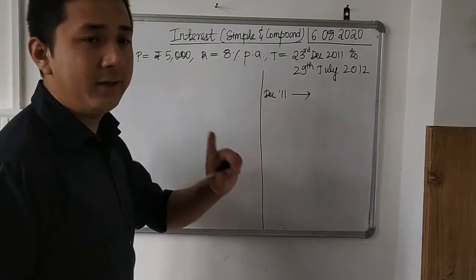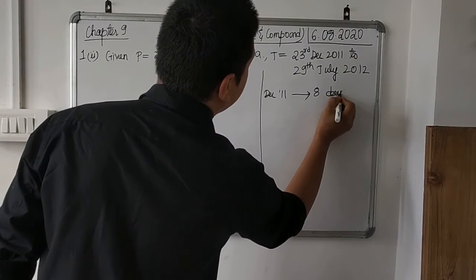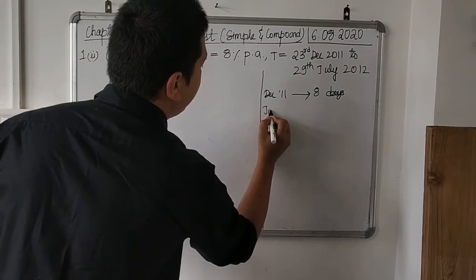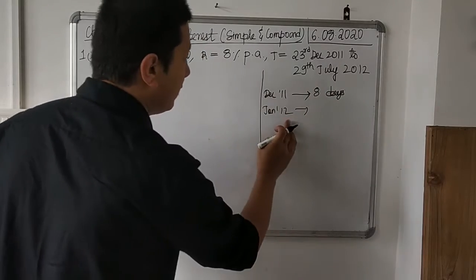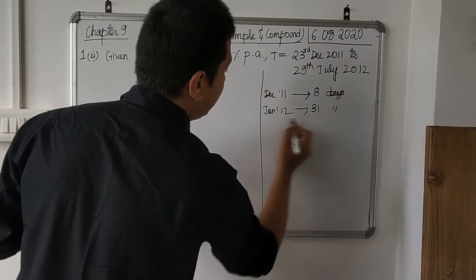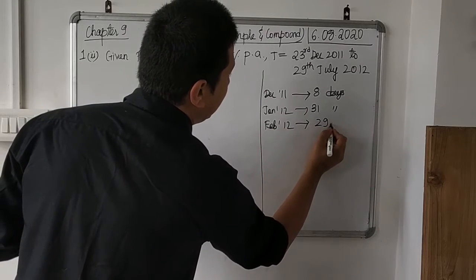December, how many days? 23rd to 31st, 8 days. You can calculate by subtracting from 31. January 2012. By the way, 2012 is a leap year. January 2012, 31 days. Feb, I said it is a leap year, so 29.